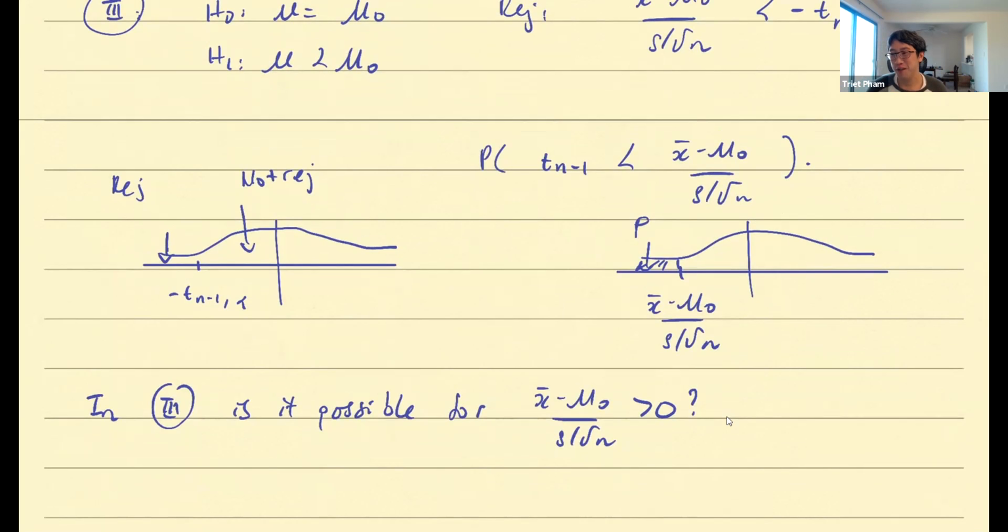How can s over root n be negative? What is s? So is it possible for the test stat in case 3 to be positive? It's possible.